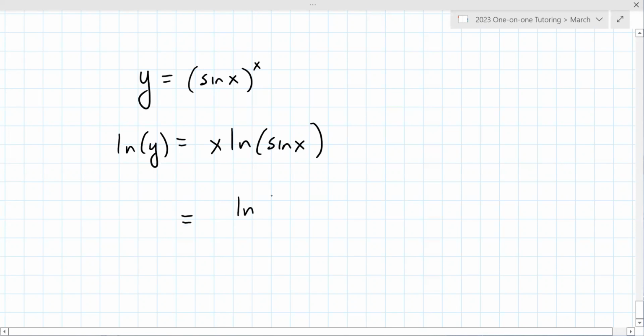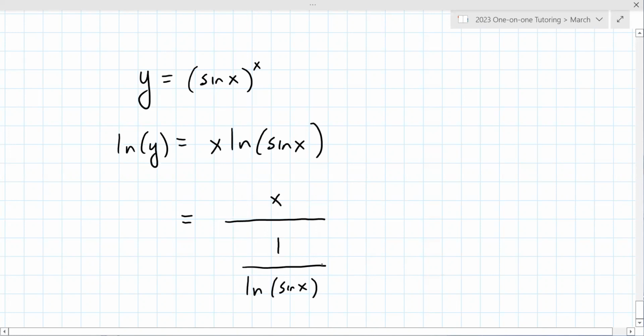The only way I know to rewrite this is 1 over x, but actually, I take that back. We can rewrite it the other way. We can write it as x over 1 over the natural log of sine x.